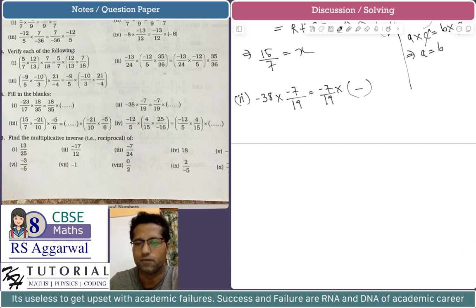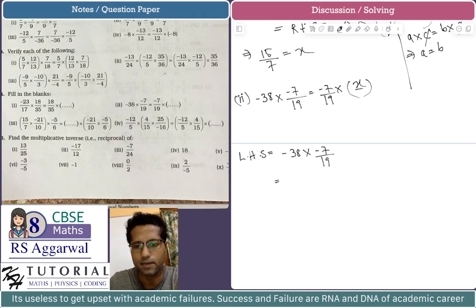We know that the proper way of solving this problem is that you consider the fill in the blanks as x. Now LHS is equal to minus 38 multiplied by minus 7 by 19.